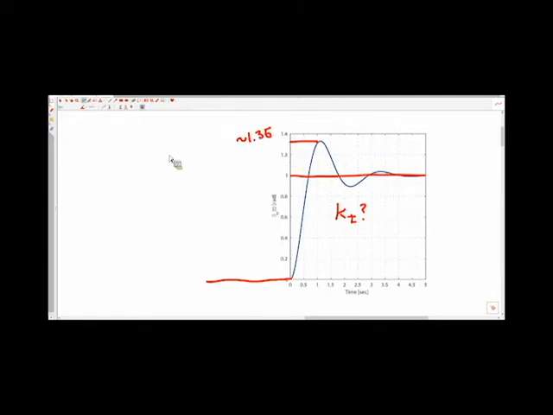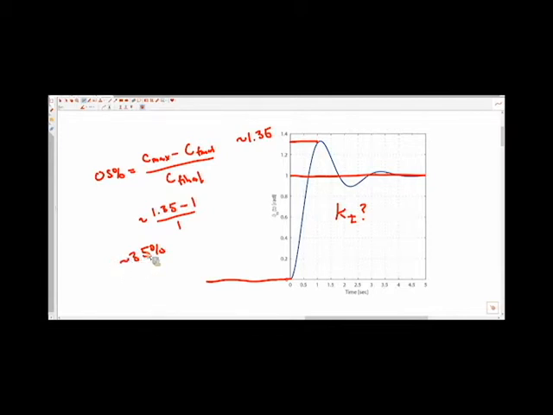If you remember the equation for overshoot, this equals C max minus C final over C final. Right, so in this case, we have C max is 1.35 minus 1 over 1. This is approximately a 35% overshoot.